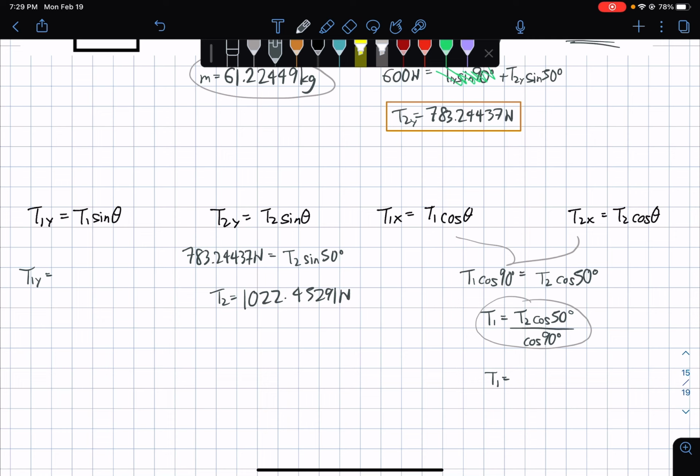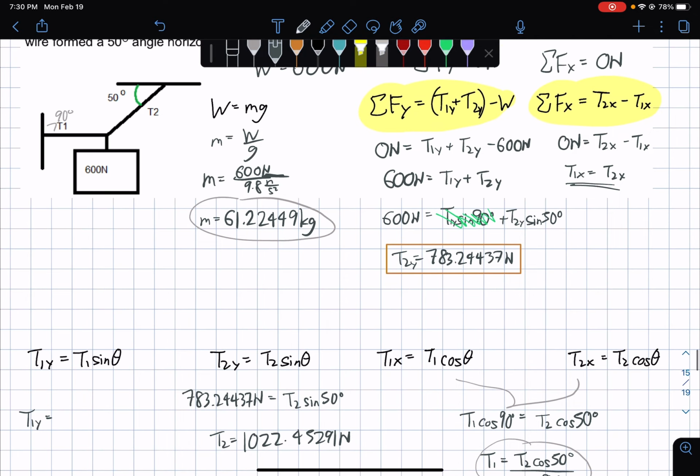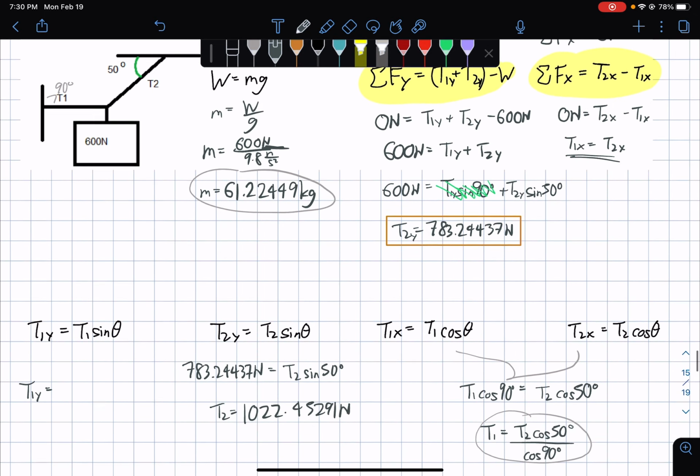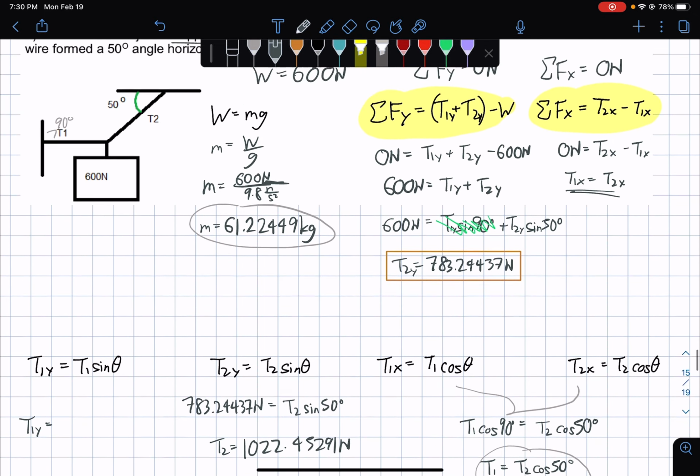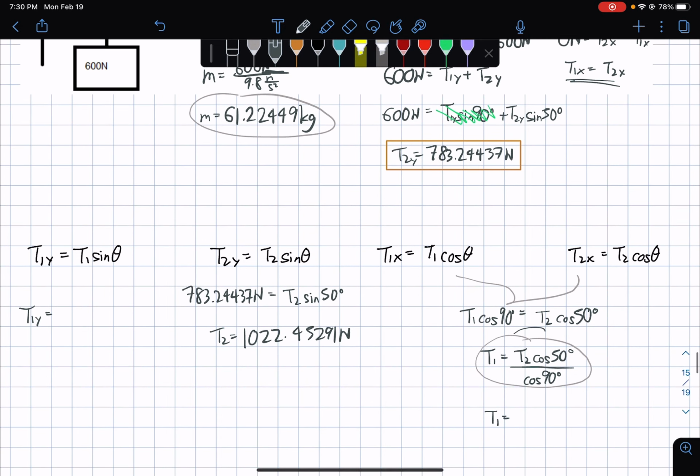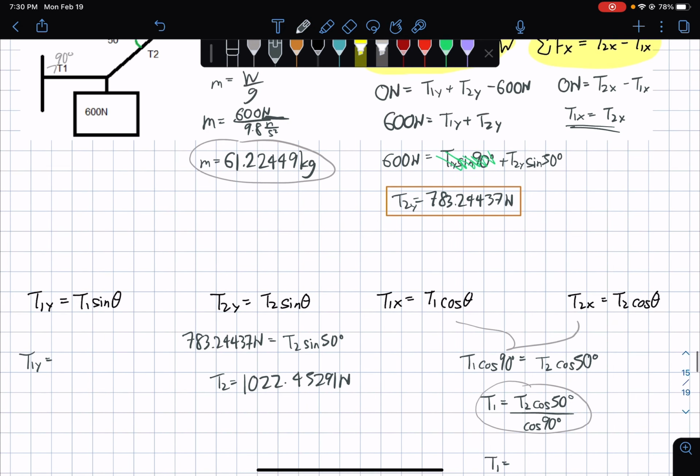Let me try a trick. 1022.45291 cosine 50 over cosine 90. It's still a math error if I use this. Something about this thing, it's very cursed. Although I think the solution before we came up to this is correct.